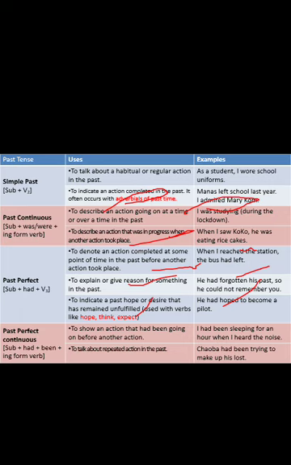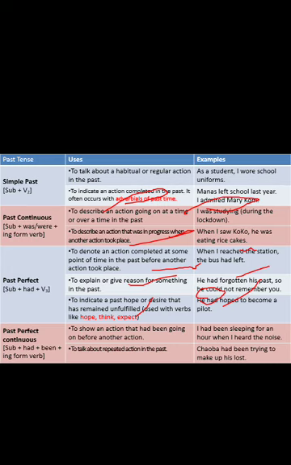Here, the person admired being a pilot, but right now he is engaged in another profession, for example, teaching. So, he had hoped to become a pilot.